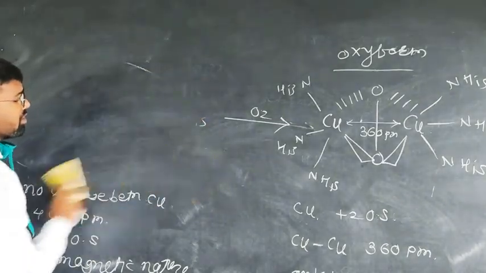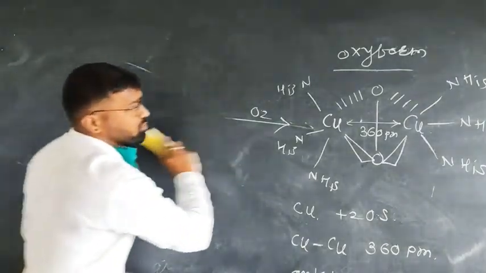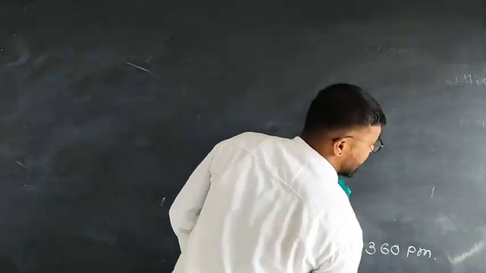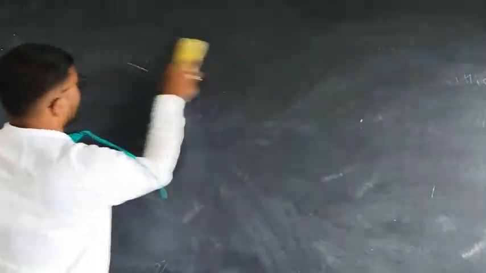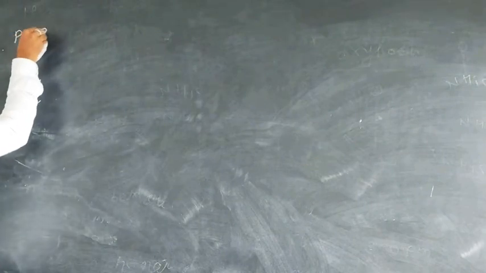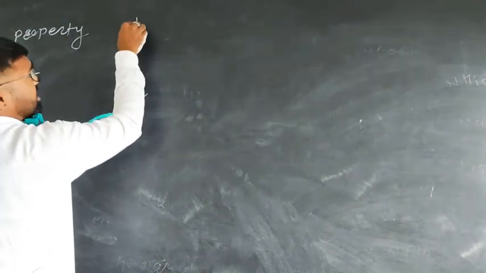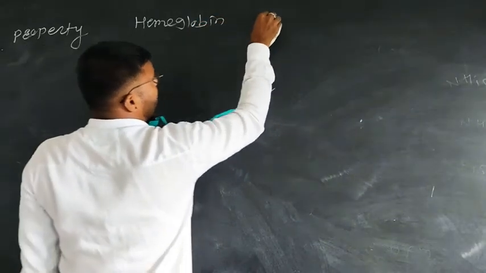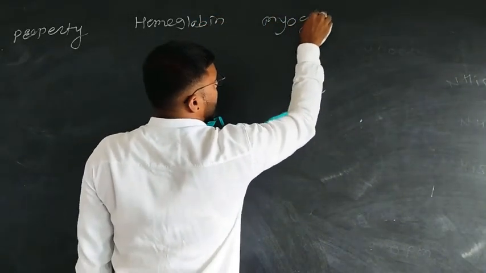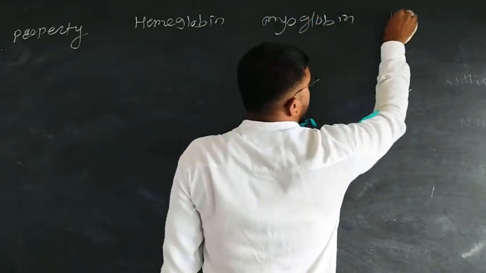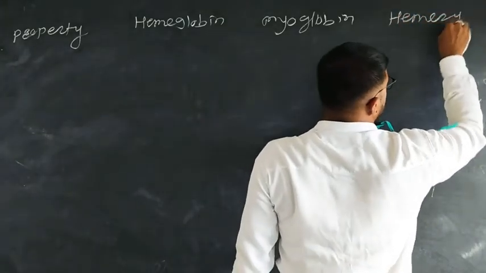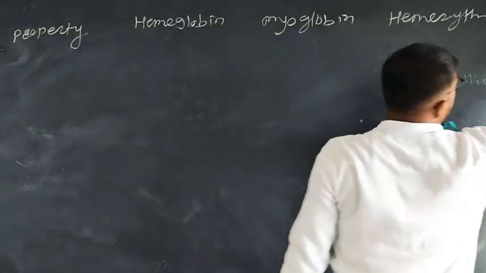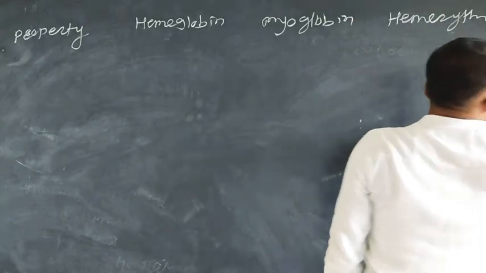Now one homework for you. You have to make a chart, a property chart. We discussed hemoglobin, myoglobin, hemerythrin and hemocyanin.